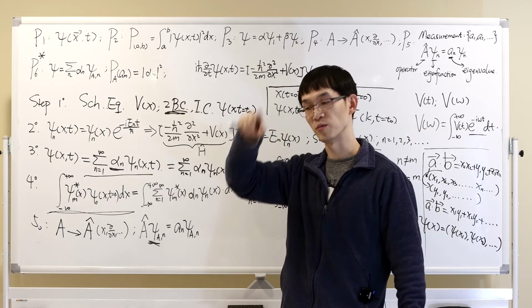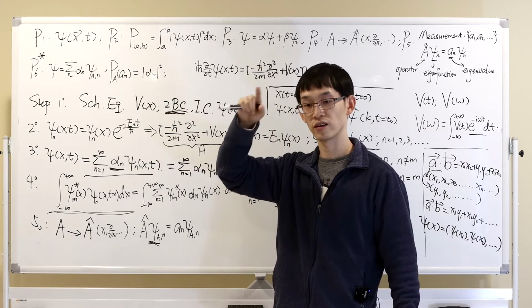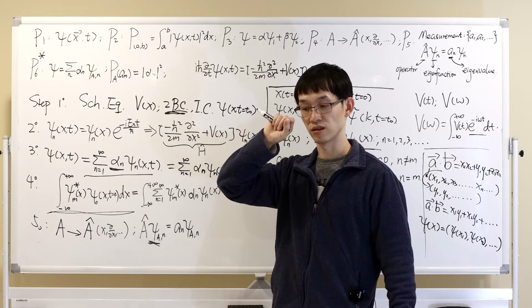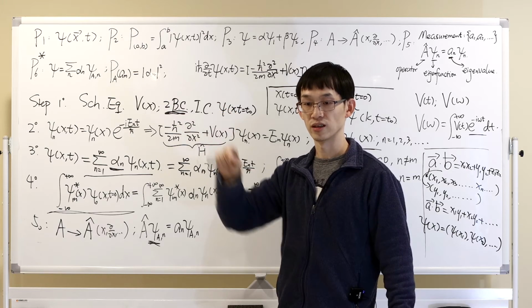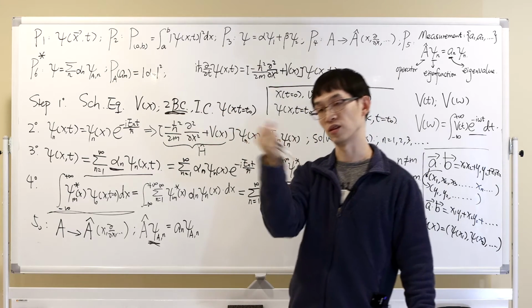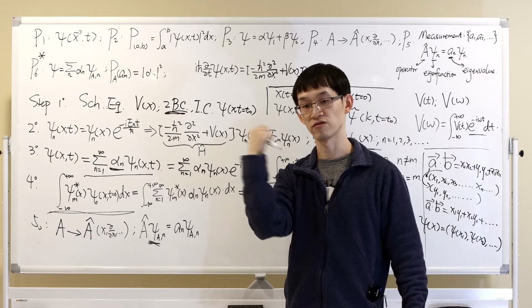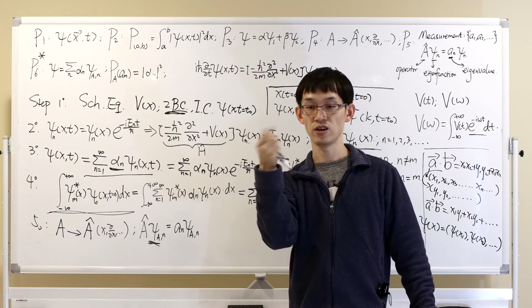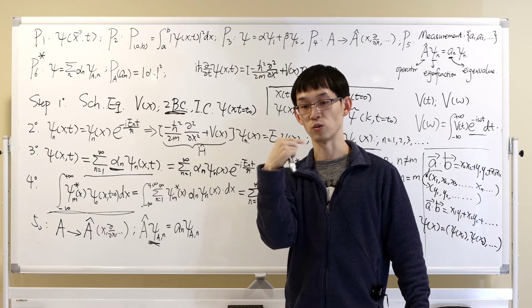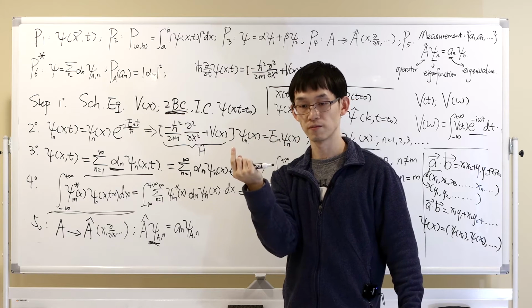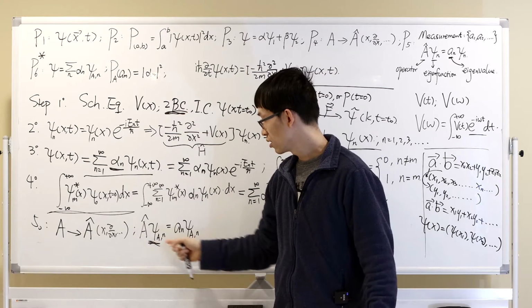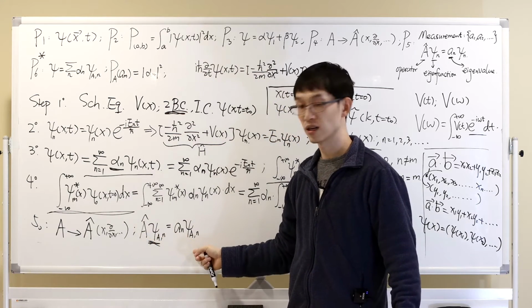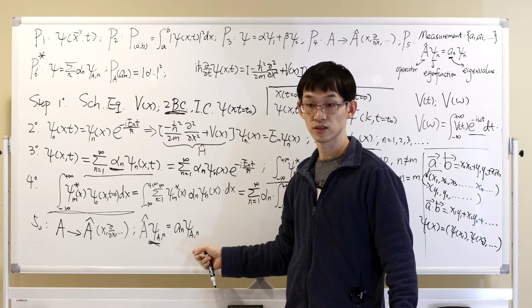For example, for momentum, it's actually a plane wave, because a plane wave has a fixed momentum, right? And if you're solving angular momentum, then you will see the eigenstate is actually a spherical wave, because it has spherical symmetry, just like angular momentum is conserved. So for different operators, you will have different eigenstates, okay?